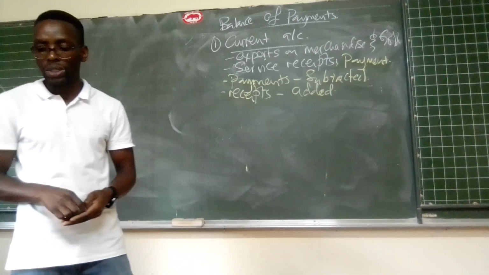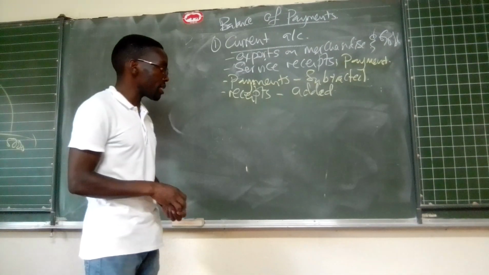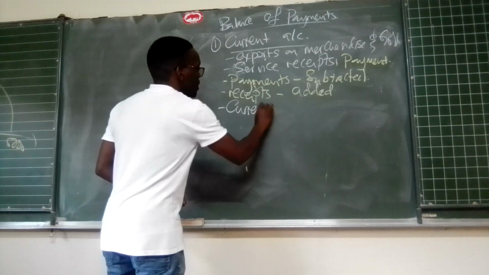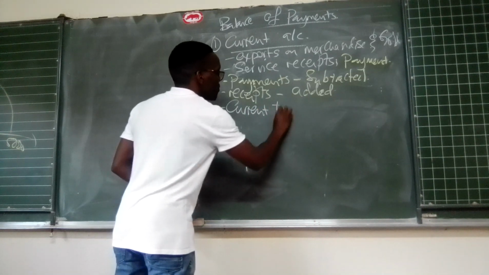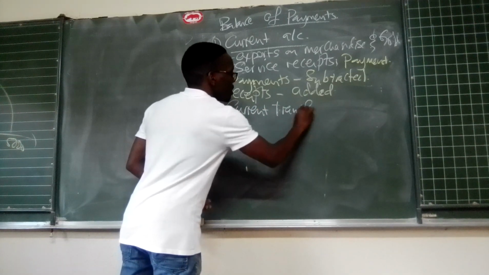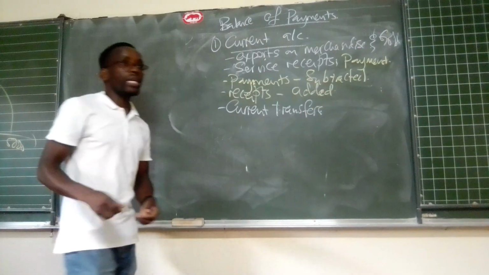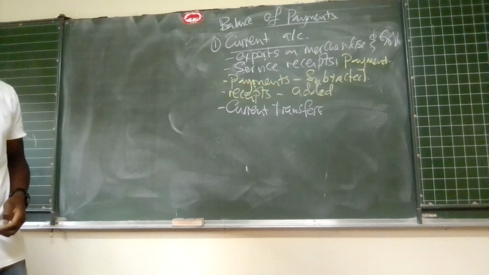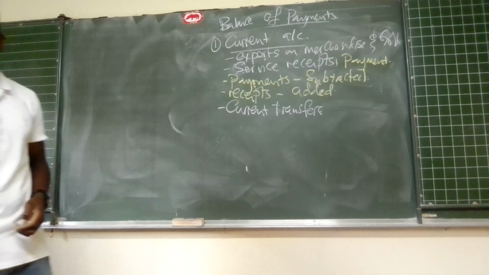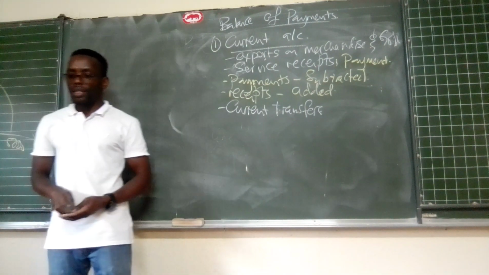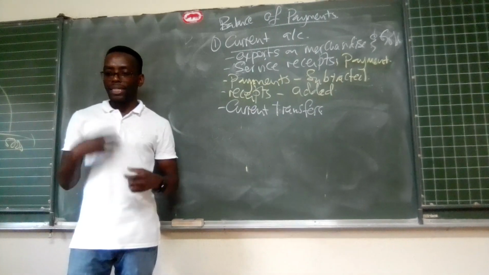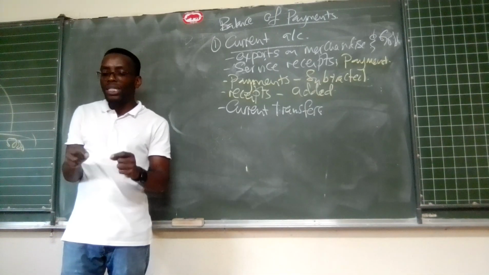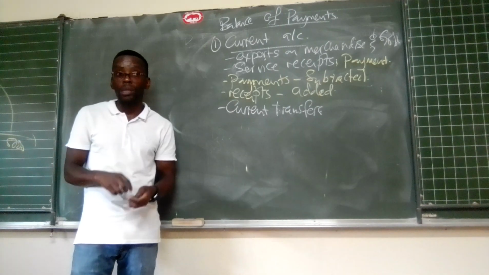And then you also need to understand that the last item that is recorded in our current account is the current transfers. Now, when we talk about current transfers, learners, we are talking about income that is transferred from one person to another without the actual exchange of tangible items.